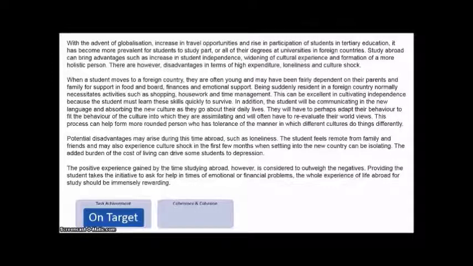Looking a little more closely, we can see that the student is making use of cohesive devices, of language that connects ideas together. What's also important is that they're making use of language which references items so they don't have to repeat things.